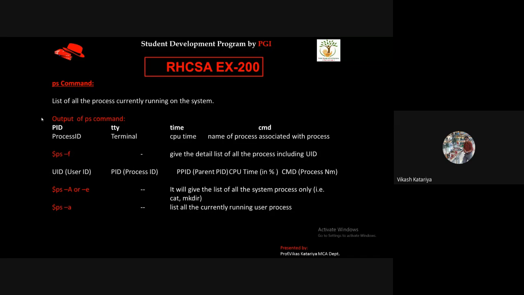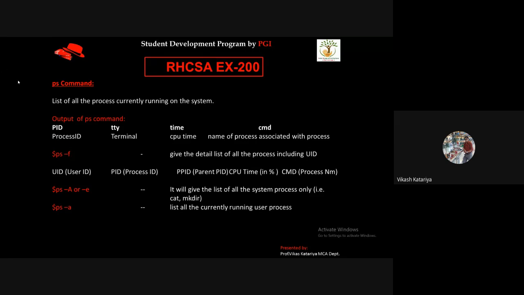By putting some parameters, it can access a particular process, kill a particular process, or suspend a particular process. And in an operating system, we know that every process has different states. In which state it belongs, we can find out by using the ps command. So this is the detail about the ps command. It will show the list of all processes currently running on the system.